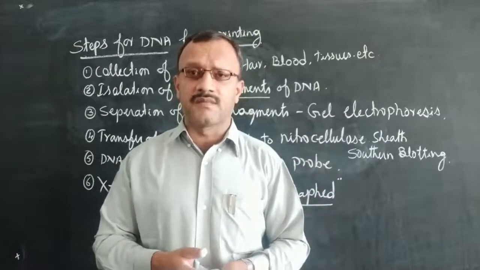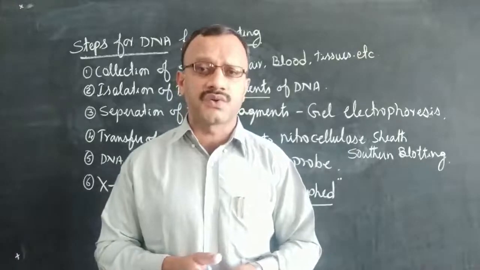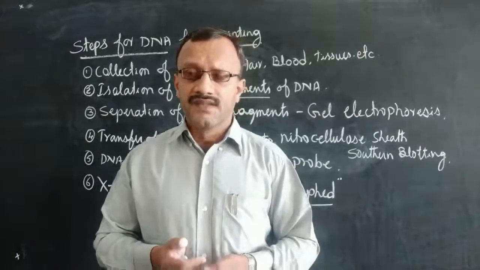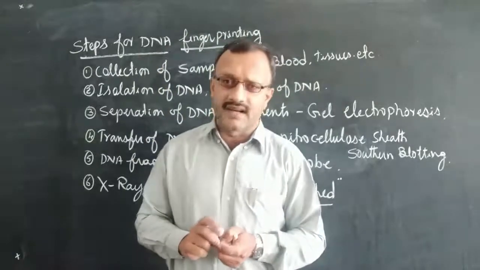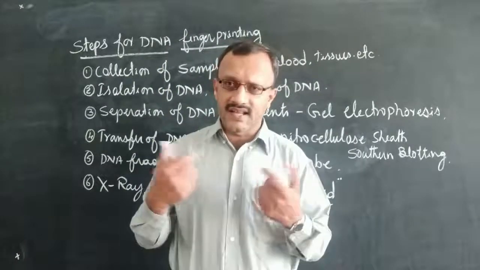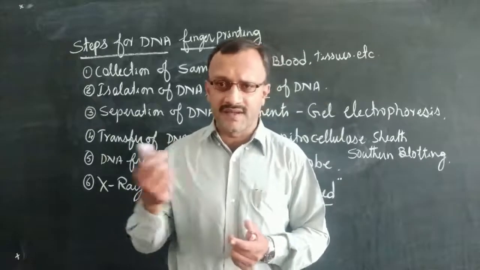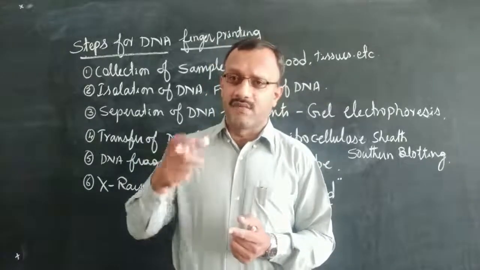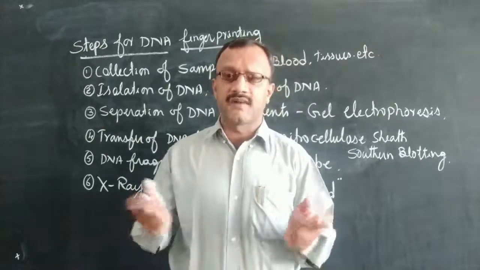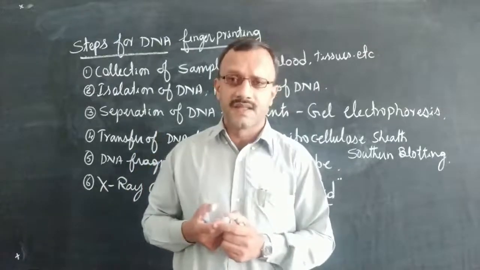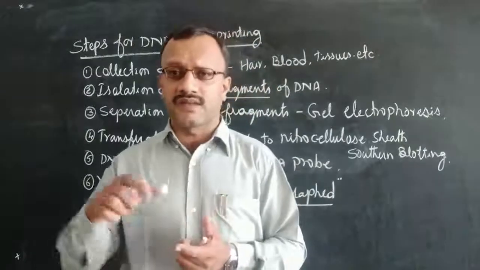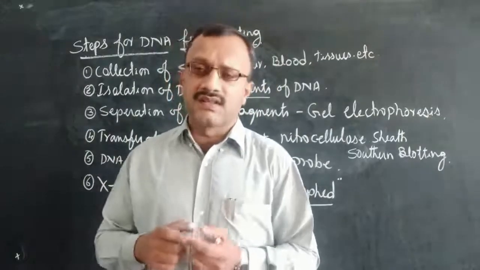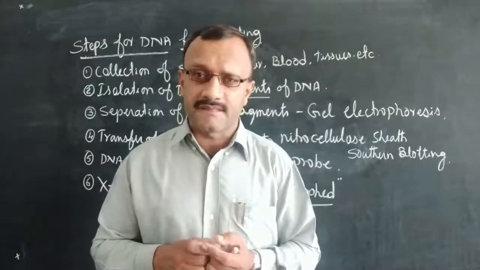Sometimes the bodies are not in a condition to be identified. In those cases, DNA profiling or DNA testing is done. If somebody is claiming a particular body, their DNA will be collected, and the dead body's DNA will be collected and matched using these VNTRs. If it matches, it can be established that the body belongs to that family. So dead bodies can be identified.